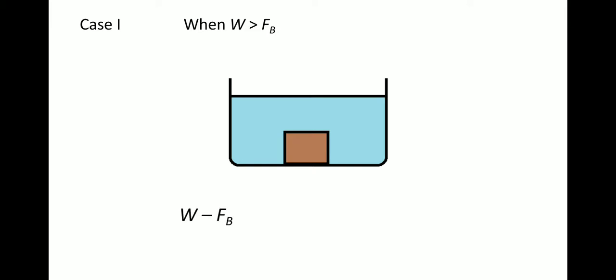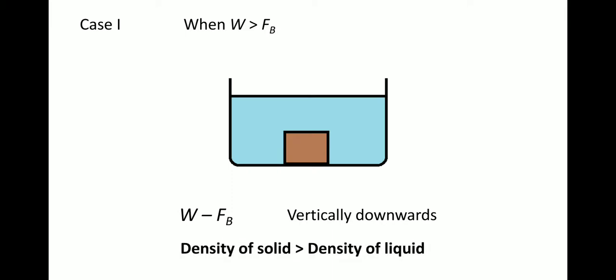Since W is greater than the upthrust, W minus Fb will be the resultant force by which the body will sink down at the liquid's bottom, vertically downwards. This will be because the density of the solid is greater than the density of the liquid.